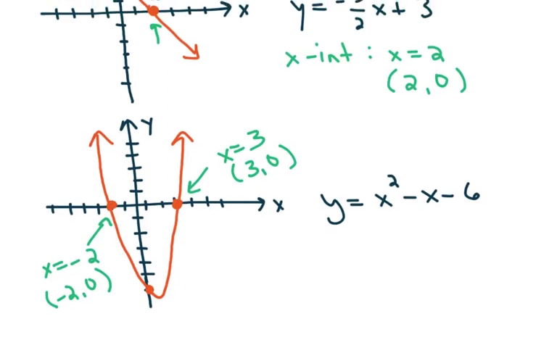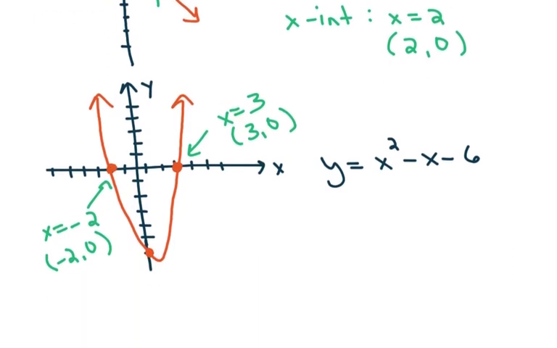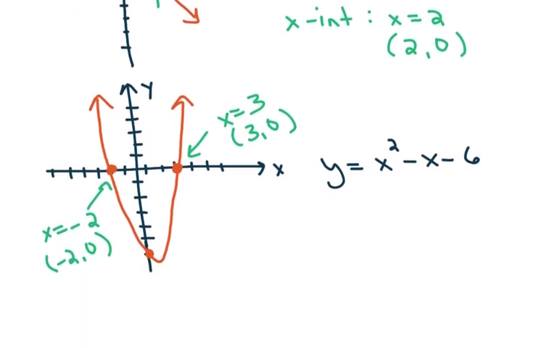Now these two particular graphs, I want you to notice I put big dots on the y-axis as well. I did that on purpose because we want to make sure that you know the difference between the x-axis and the y-axis. So I want you to stop at this point in time, and I want you to do problem number 26 and 27. To do 27, I know it says to graph it.